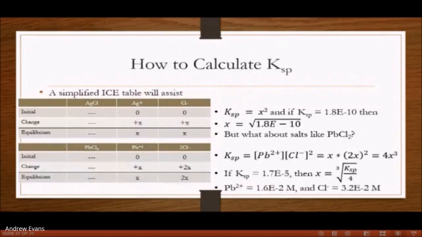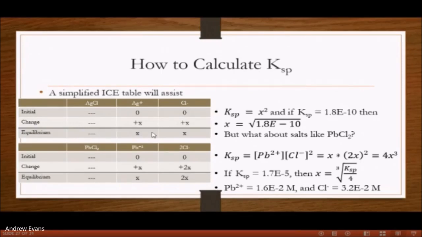This is where the ICE table comes into play. However, because we have a solid on the left, it makes everything so much easier. You're going to assume we start with all reactant, no product. As we hit the change, we see a decrease in reactant, an increase in product by a factor of X. But since silver chloride is not included, we can just leave it blanked out.